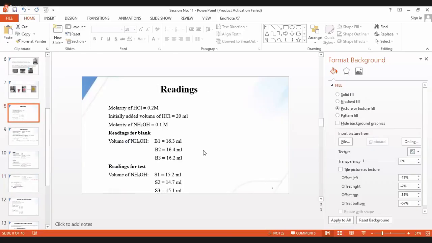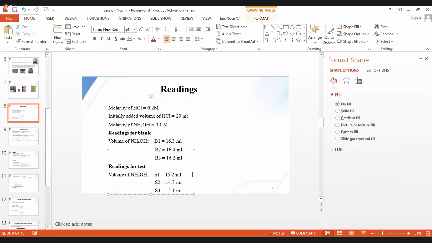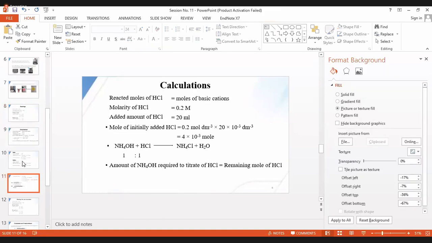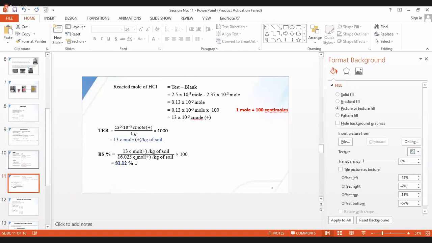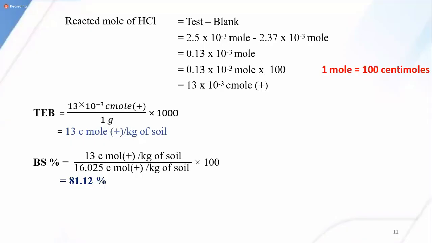Here in the readings you can include the cation exchange capacity also, 16.025 centimole per kilogram, right? Do you all understand the calculation? Yes, ma'am.